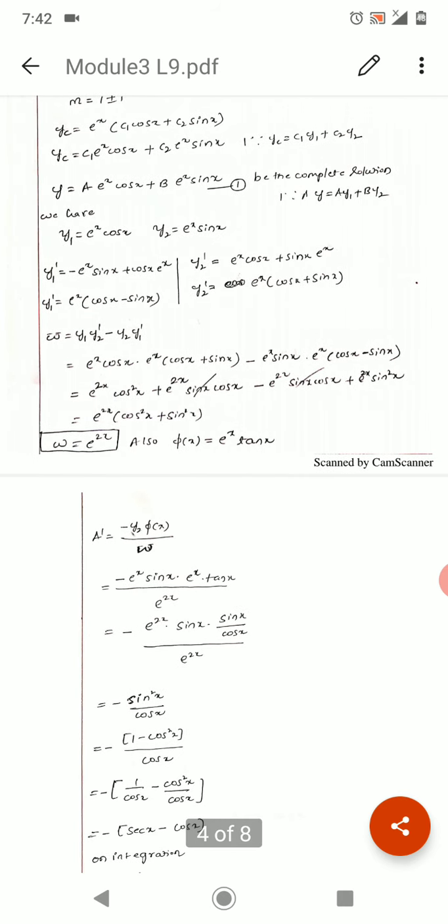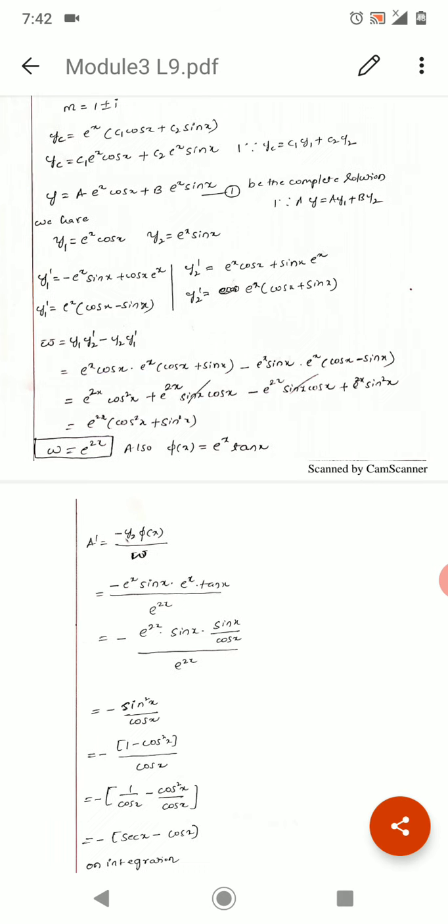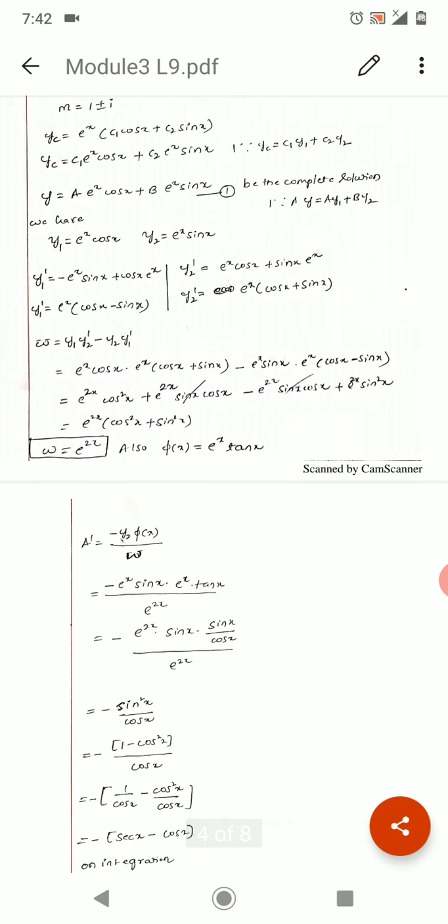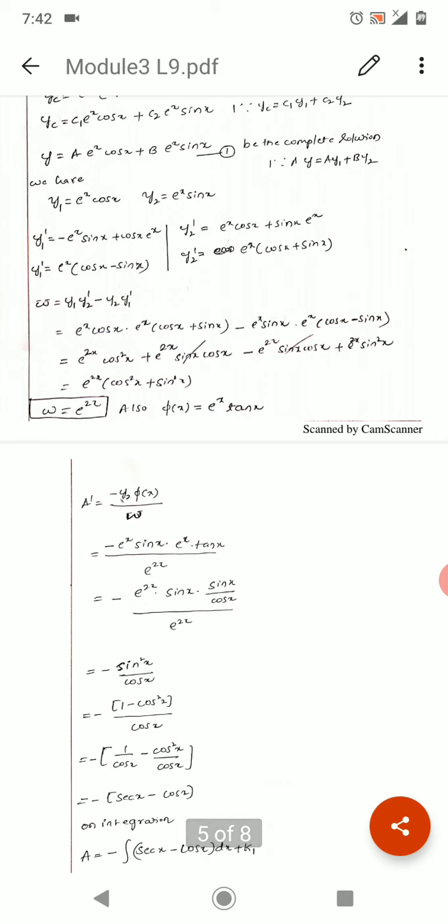Therefore, w is equal to y1 y2 dash minus y2 y1 dash. By substituting the values of y1, y2, y1 dash, y2 dash in the equation and solving this, we get w is equal to e power 2x. We also have phi of x is equal to e power x into tan x in the given problem.